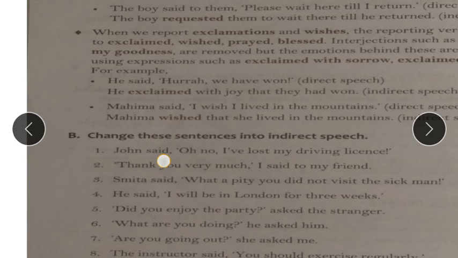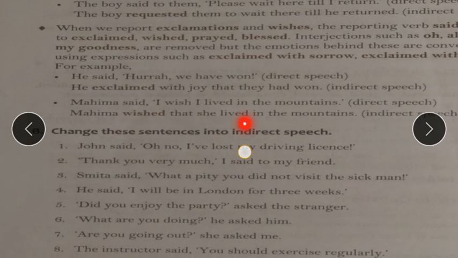Mahima said, I wish I lived in the mountains. So it is Mahima's wishing, so Mahima wished. We will not say said. First of all, you have to find out which type of sentence it is. This is an exclamatory sentence, so we can use these words.